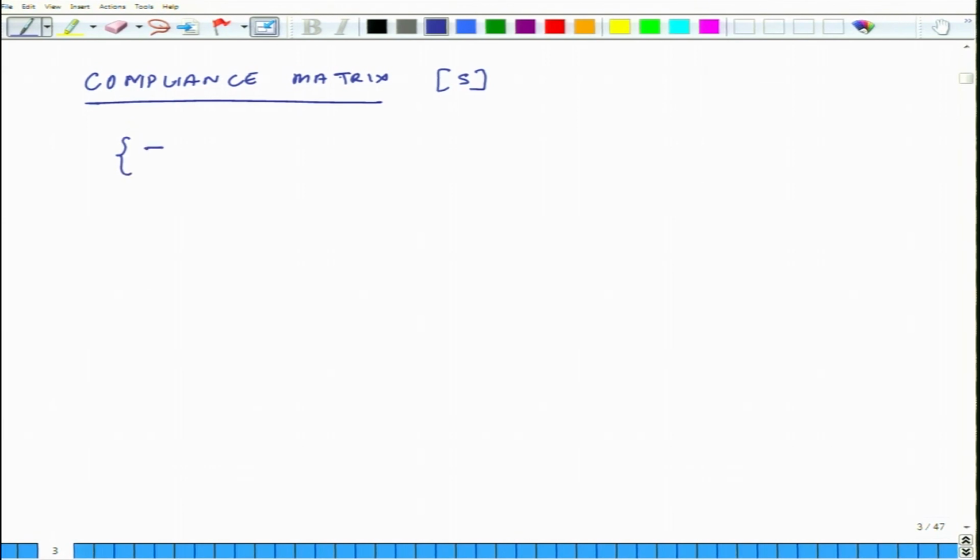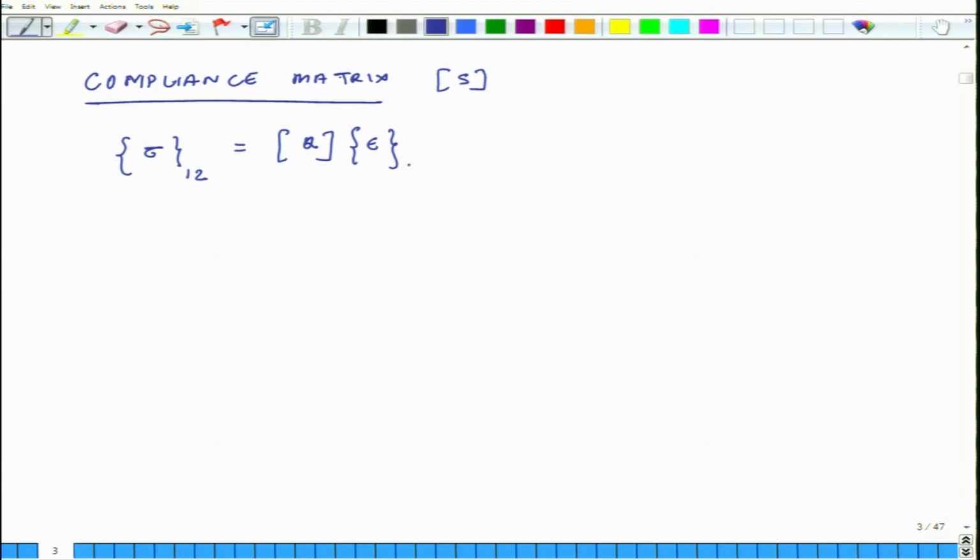So, we know that the sigma vector, in the 1-2 plane, is equal to the Q matrix times the strain vector.